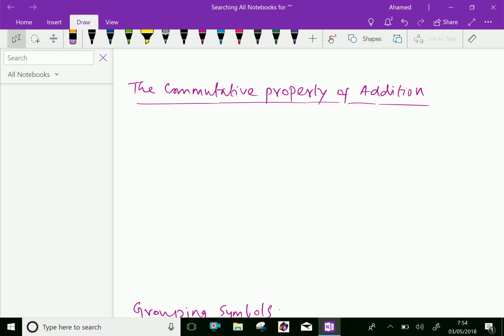Take one example. 2 plus 5 equals 7, and also 5 plus 2 equals 7, which means we can write the addition of two numbers, in right order and reverse order, becomes the same. So we can write 2 plus 5 equals 5 plus 2. So it's called the commutative property of addition.